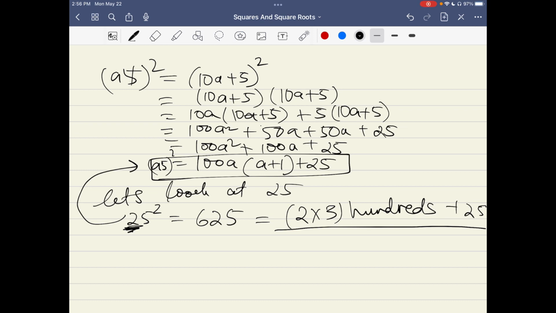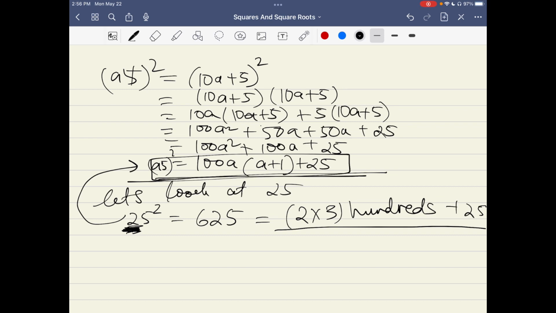I wrote it 2 times 3 because our a here is 2, and using this formula, it's a times (a plus 1) hundreds. So a is 2 and a plus 1 is 3. So 2 times 3 hundreds plus 25, which will be 600 plus 25, which is 625, right?